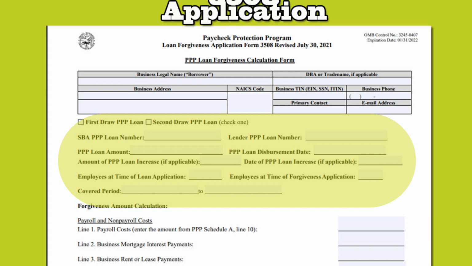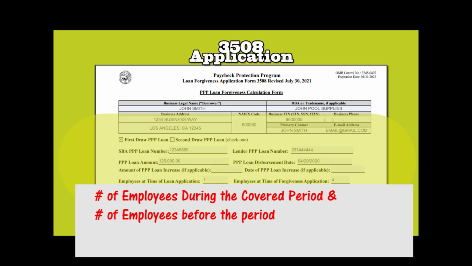Employees at the time of your loan application. How many employees did you have at the time of your loan application when you initially applied for your PPP loan? If you had 0 employees, you would put 0. If you had 1 employee, you would put 1 employee.